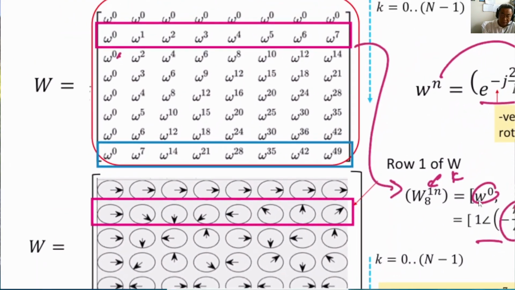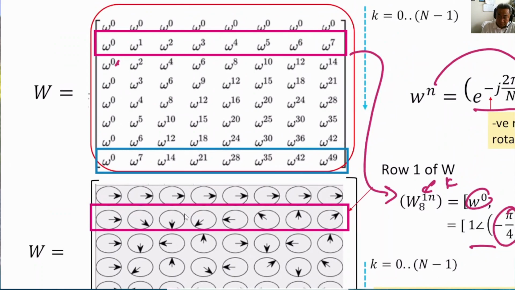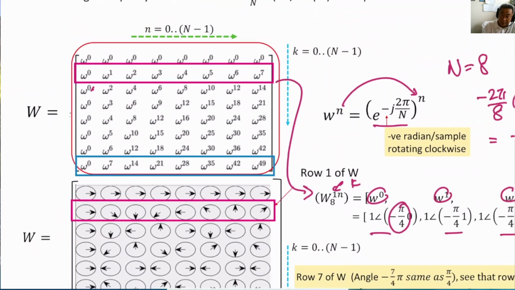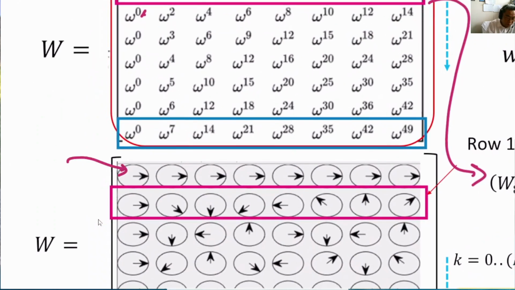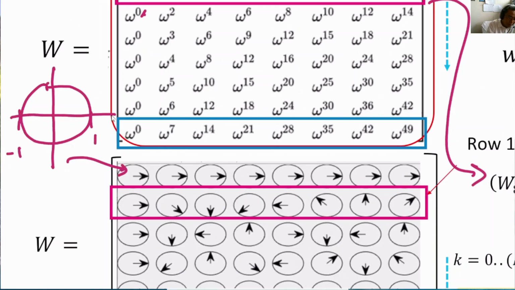So I will show it in a different way now. In the diagram below, this is the corresponding phase diagram of each of the elements. And what am I drawing here? I'm drawing the unit circle. The horizontal axis is the real axis. This is the imaginary. And of course, this is number 1. And here is minus 1. And here is j.